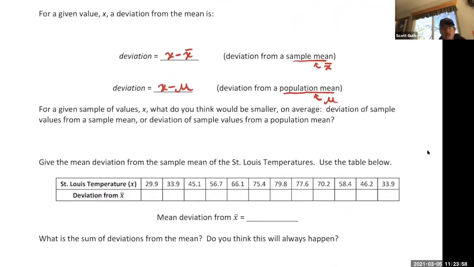Now, another question that arises is: for a given sample of values x, what would be smaller on average, the deviation of sample values from the sample mean, or the deviation of sample values from a population mean? The sample mean comes from the sample, so it tends to be centered right inside the sample. The population mean won't be centered inside the sample. So what are the sample values closer to?